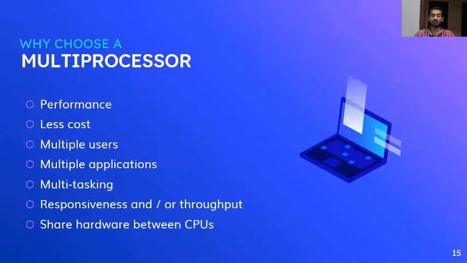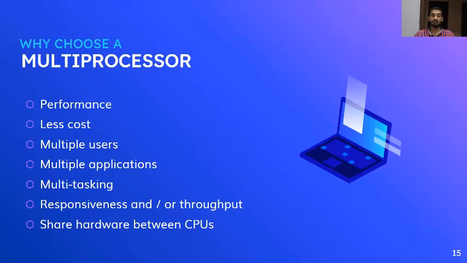Multiple users is also an advantage of multiprocessors. Multiple applications can run on the multiple processors, so it also increases the application performance. Multitasking: when you have a multiprocessor, you can do multiple tasks.